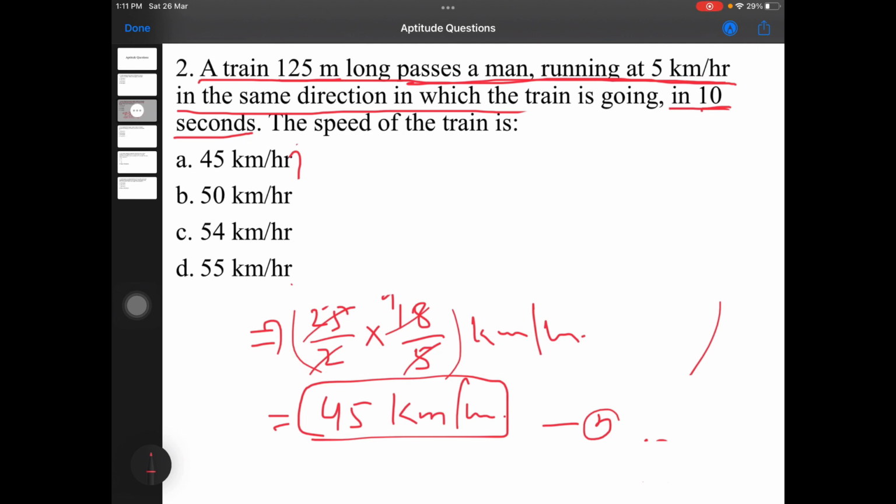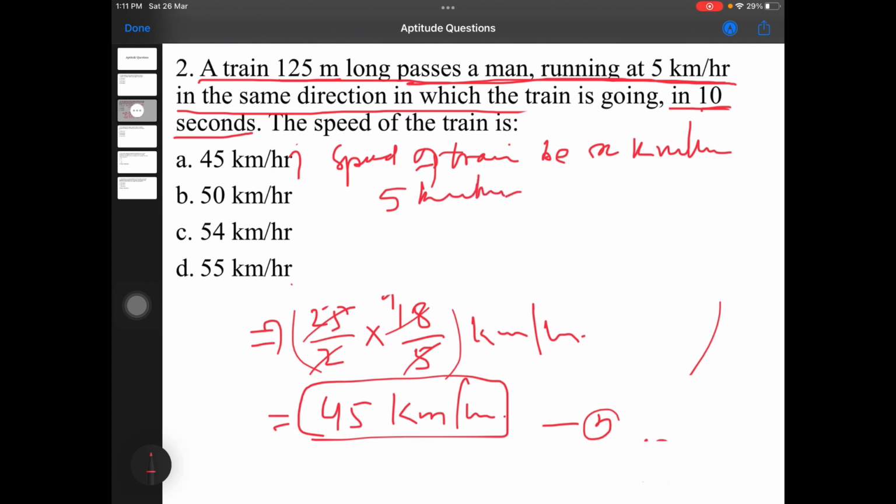Then let us assume the speed of the train to be x kilometer per hour, whereas the speed of the man is given as 5 kilometer per hour.